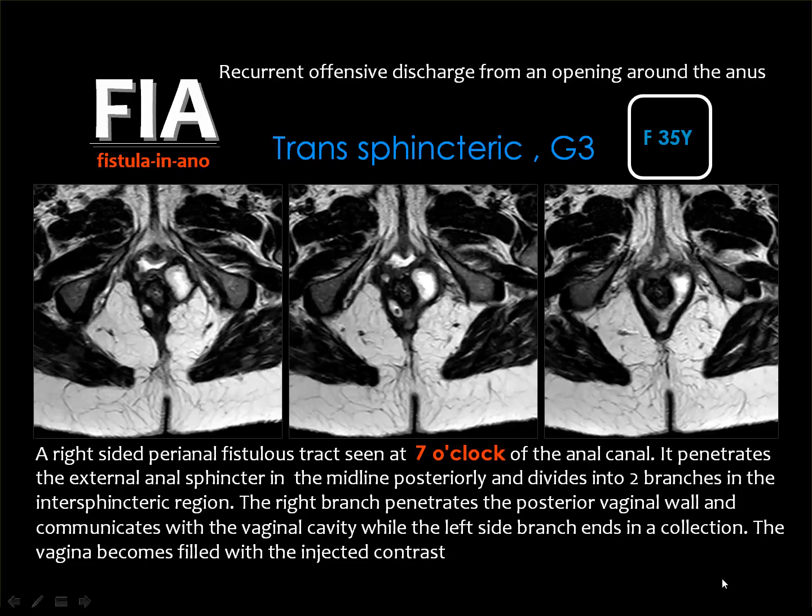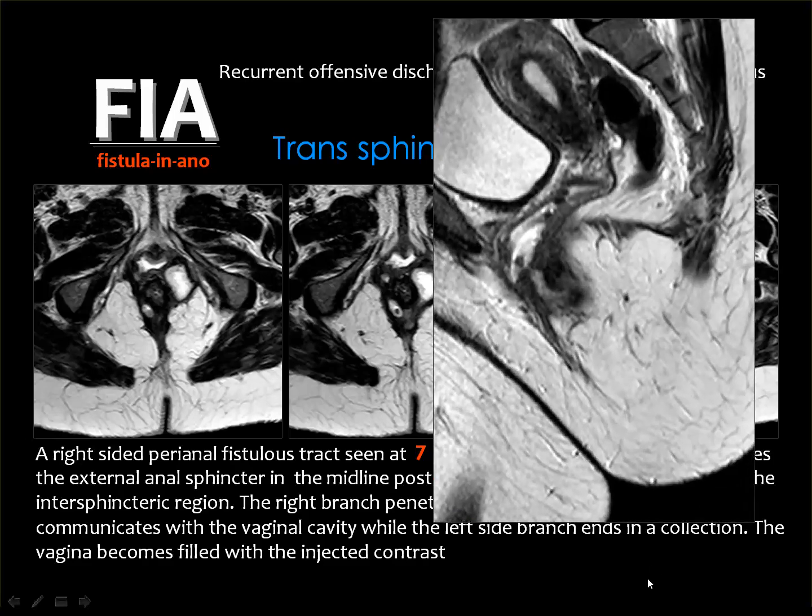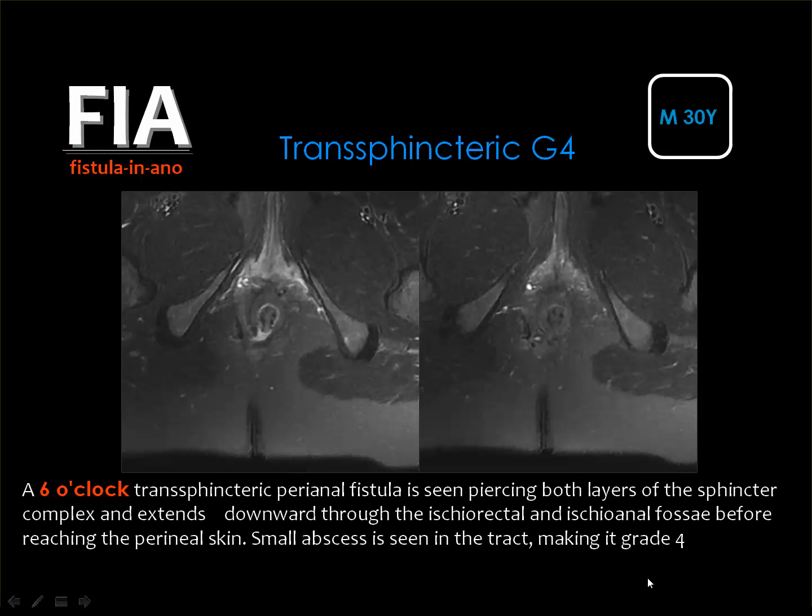Then the right branch has connected to the vagina, and the left one has ended in this collection. Then, if the fistula is associated with an abscess or side branch, then you consider grade 4.